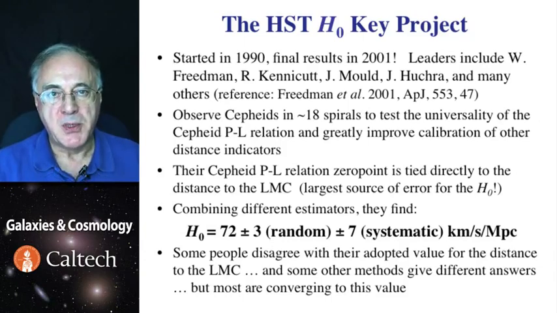The idea here was to observe Cepheids in a number of nearby spiral galaxies. And the reason why Hubble was needed is that these stars are faint and they're in crowded fields, so the superb resolving power of HST was needed in order to actually measure their brightness and populate their light curves.